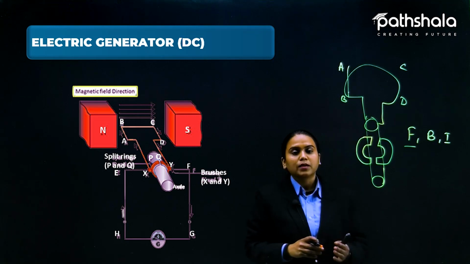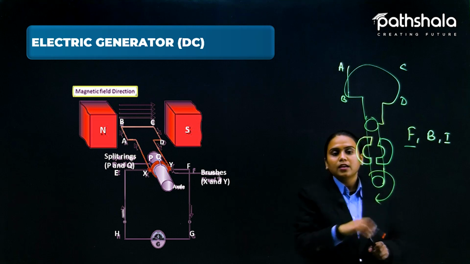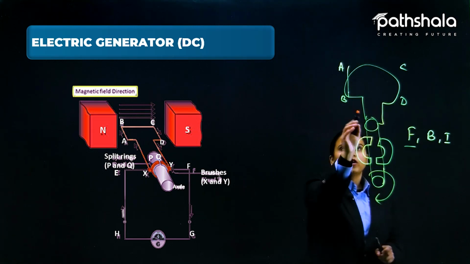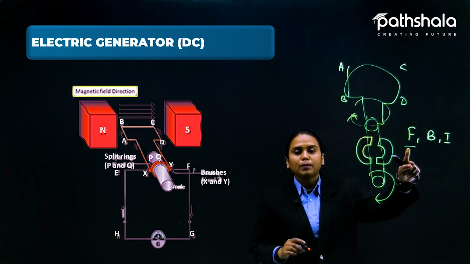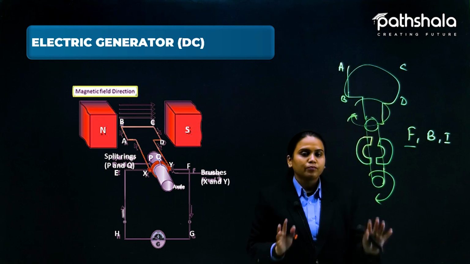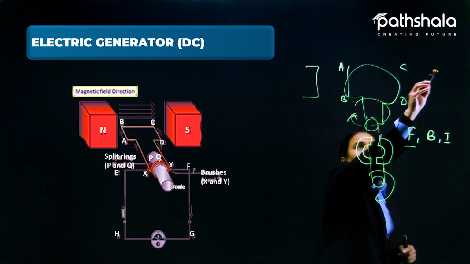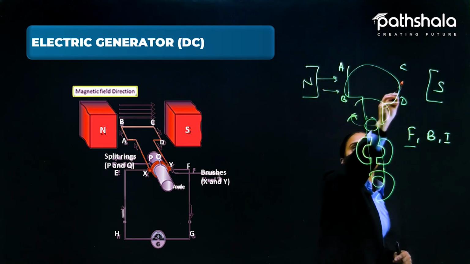So when we are rotating it in the clockwise direction, this coil will also rotate in the clockwise direction. That means the force part is being covered by us. The magnetic field is provided by us, that is going to be external, north and south, and it is like this.